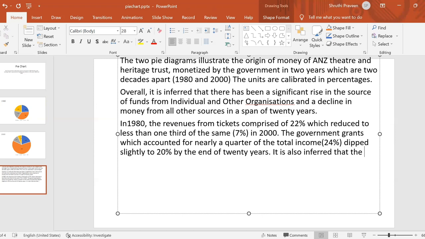That the proceeds from sales dipped from 18% in 1980 to 11% in 2000. Okay, that is the end of my BP 1 or third paragraph.